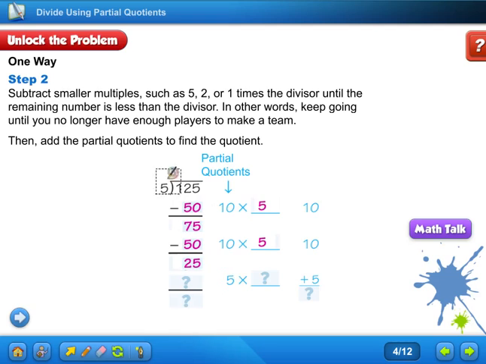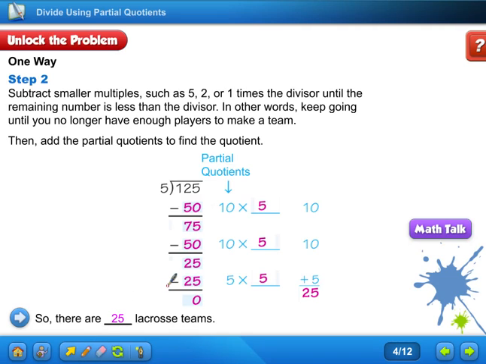And then you go 5 times this 5, which gives you 25. And you have nothing left. So now we're going to add these all up. So they took these numbers and put them over here. So 10 plus 10 plus 5 is 25. So there are 25 lacrosse teams.